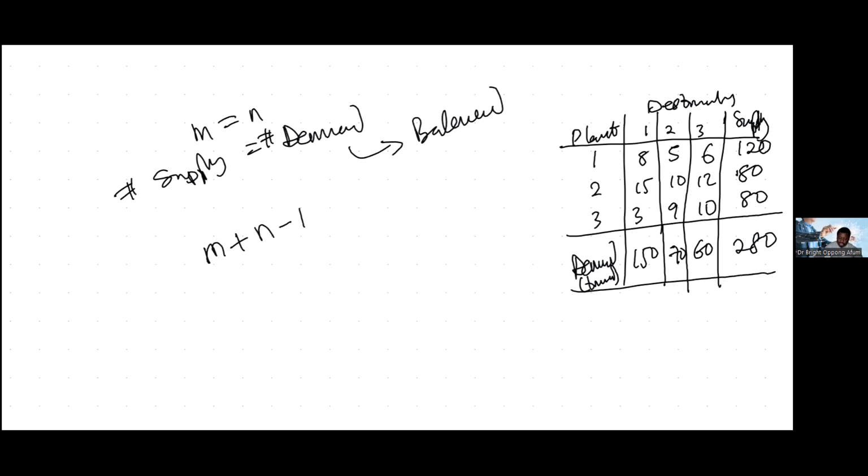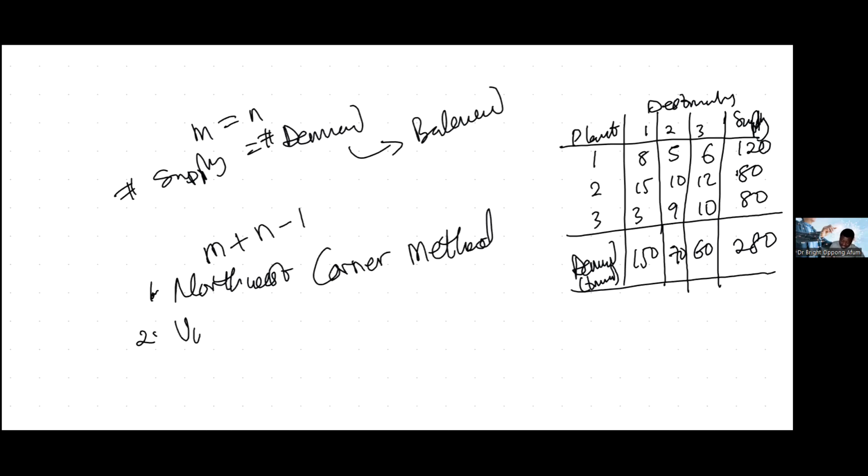All right, so we'll introduce two methods for determining the initial solution. The first one is the northwest corner method, which is one way to determine the initial solution.